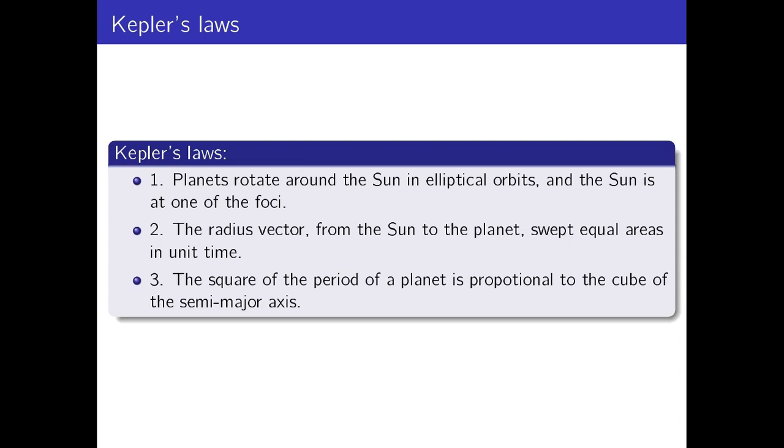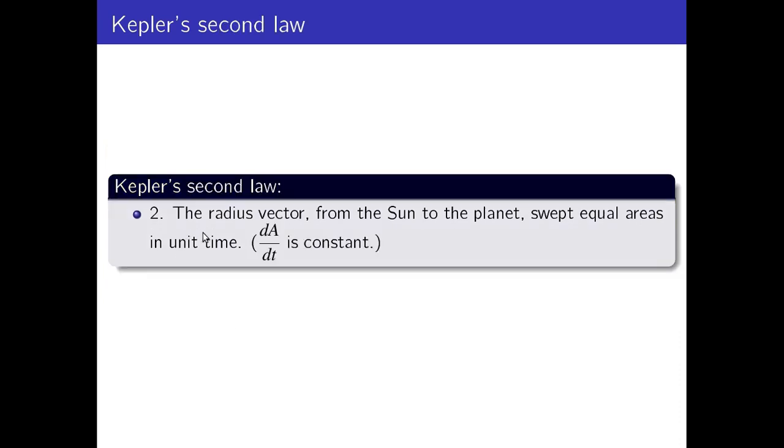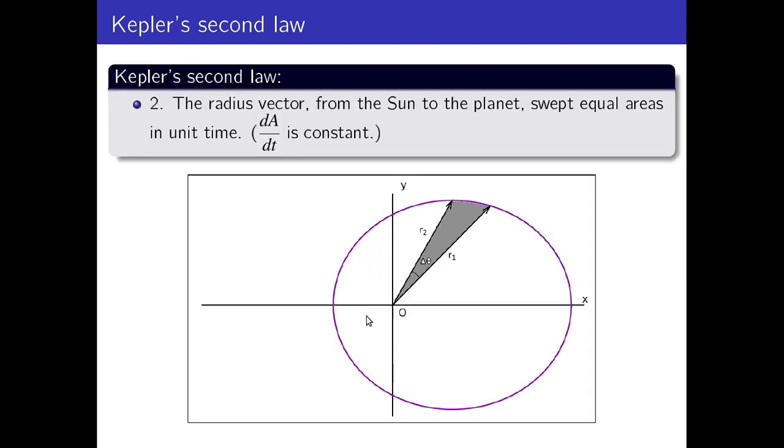Now let us study the second law of Kepler. The radius vector from the Sun to the planets sweeps equal areas in unit time, or in short, dA over dt is constant. In this figure, we see an area of the elliptic section when the radius vector sweeps an angle delta theta.